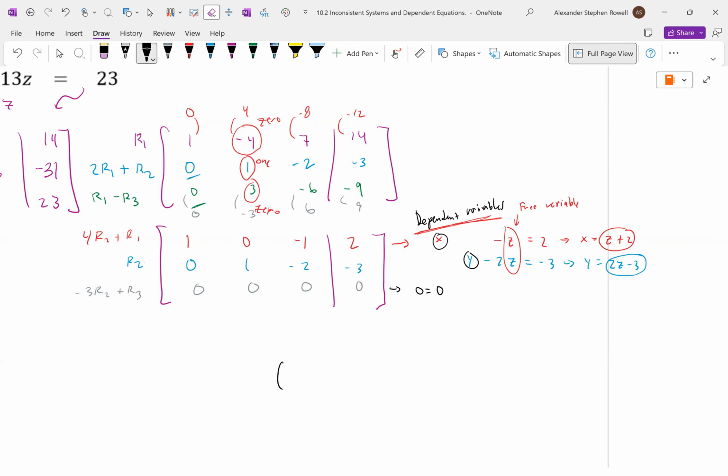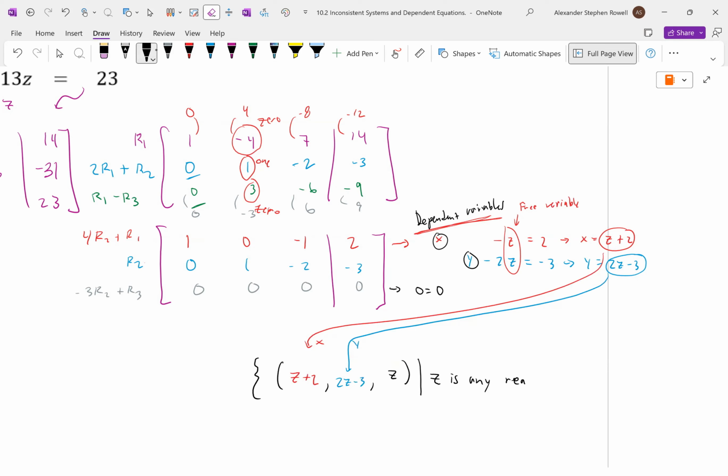So they're ordered triples of the form z can be anything. And once z has been picked, x has to be z plus 2, y has to be 2z minus 3. So all ordered triples in 3D space of this form, such that z is any real number. That's how we're going to write our solution set.